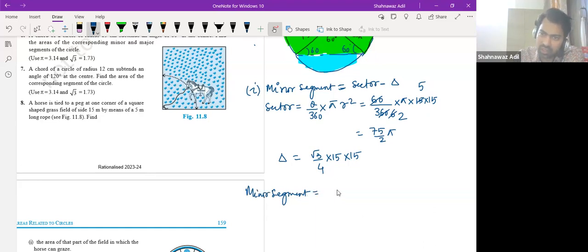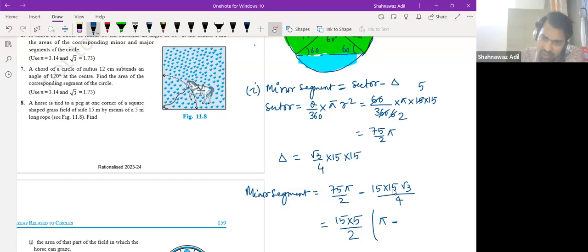This is 75 pi by 2 minus 15 into 15 by 4. So we can take common 15, and we can also take 5 common, right? So let us take that common and 2, so this is pi minus, right?